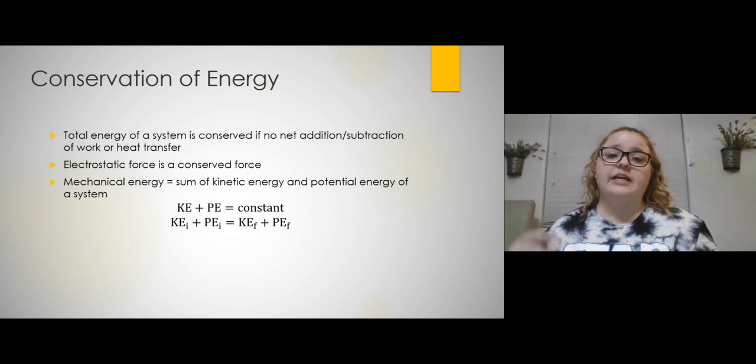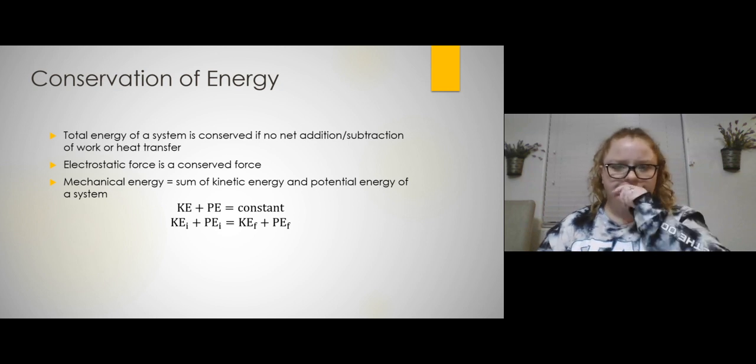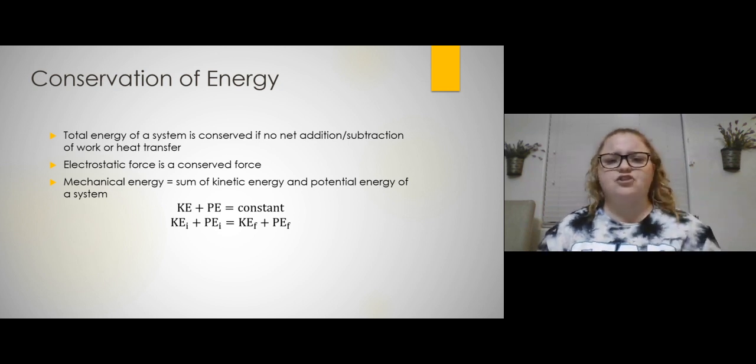Talking about energy brings up some memories of conservation of energy. This is something that we would have discussed in the first part of Physics 2A, and this doesn't change no matter what we are looking at.